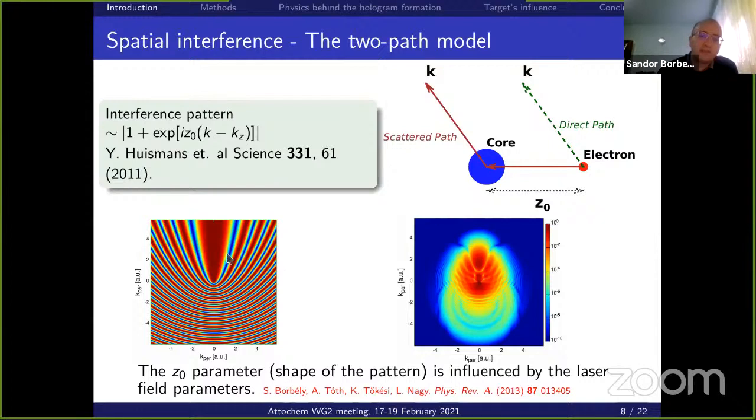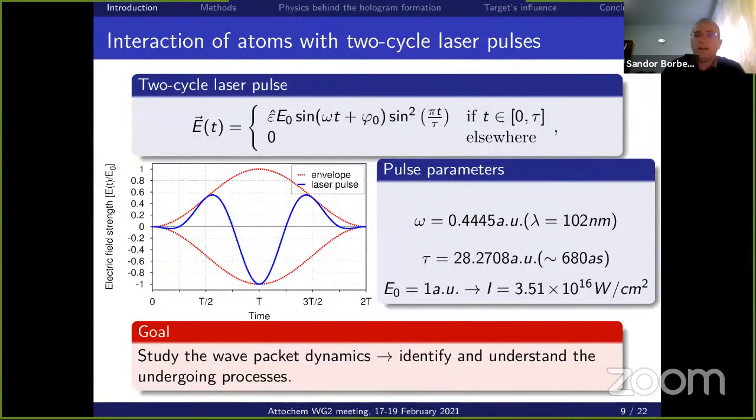If you plot it, you see it's very similar to the interference pattern obtained using ab initio calculations, namely the numerical solution of the Schrödinger equation. This very simplistic model can be used to understand how the laser field parameters influence the shape of this interference pattern. But here I won't talk too much about this because I have another subject.